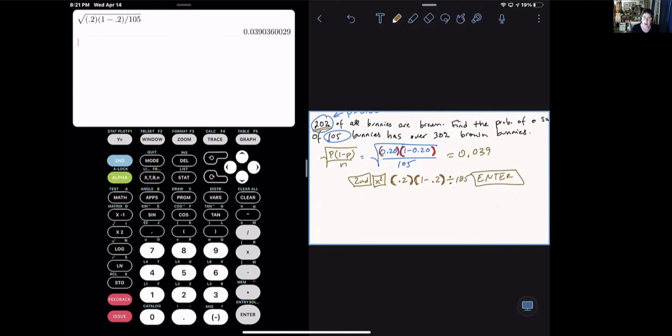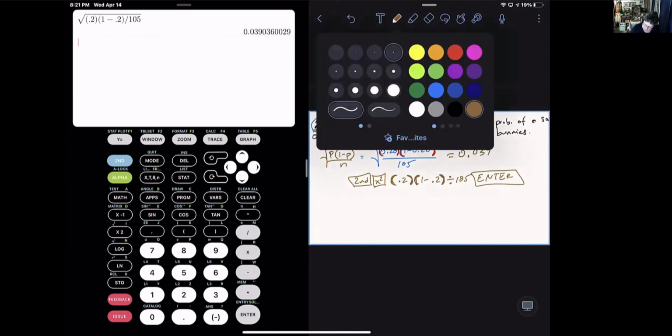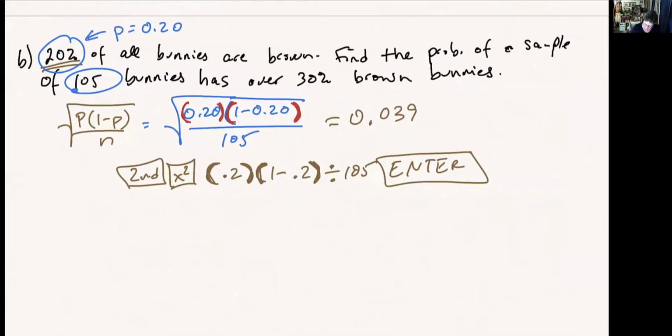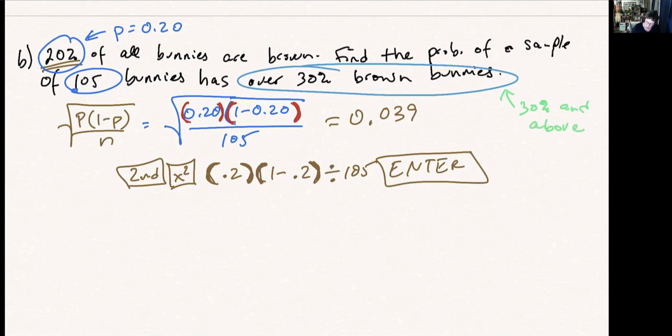Now we can go about finding the probability. We're finding the probability that over 30% are brown. So this is 30% and above. So what we have is normal CDF.